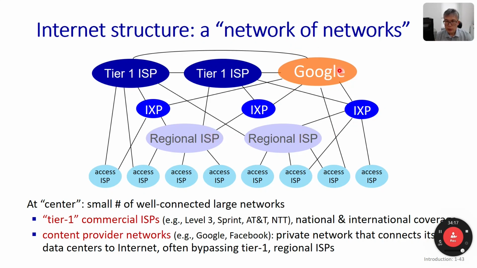Google is at a level similar to tier 1 ISP. They provide their own private network that connects their data centers to the internet, often bypassing tier 1 and regional ISPs.